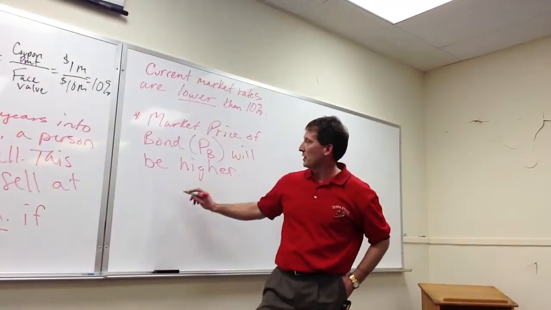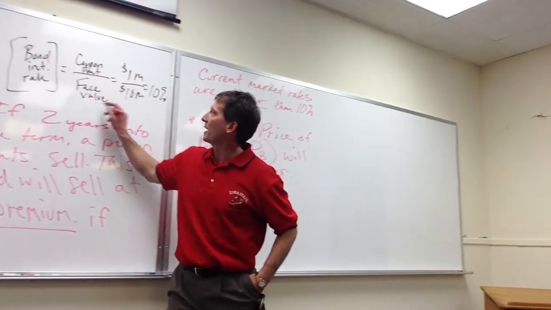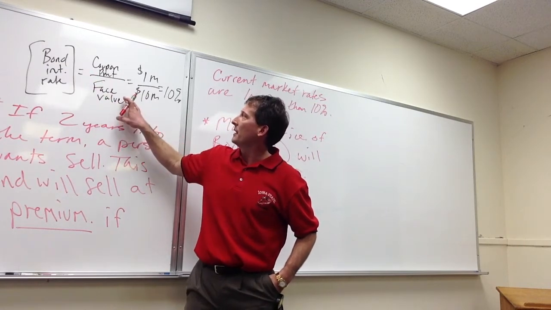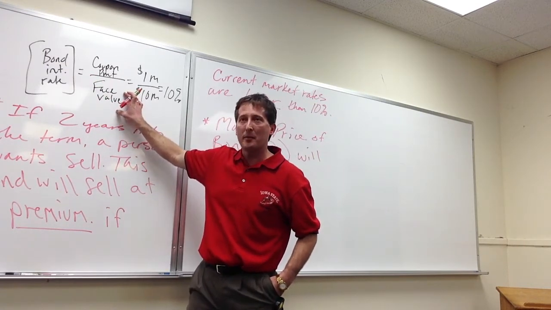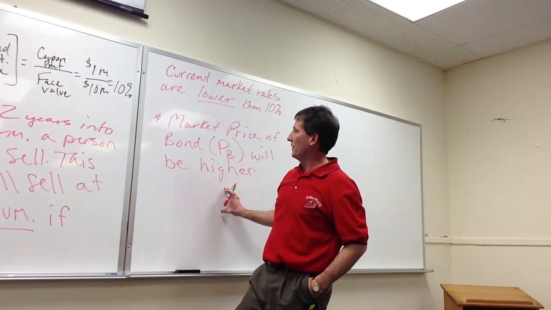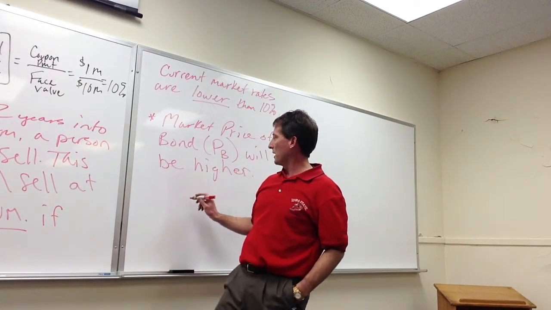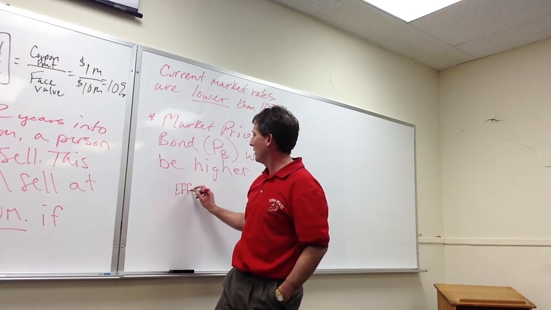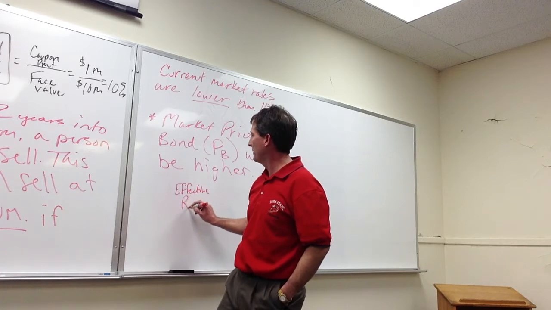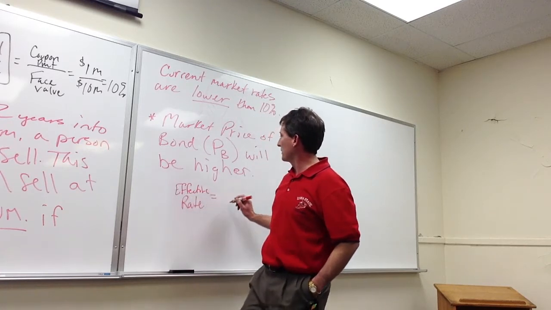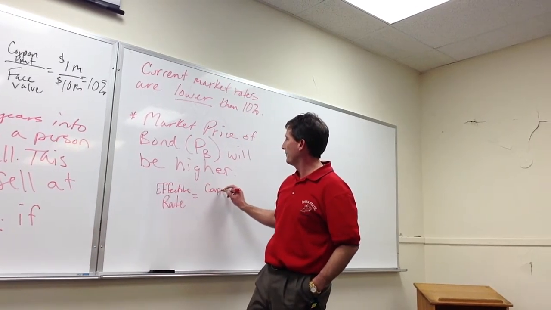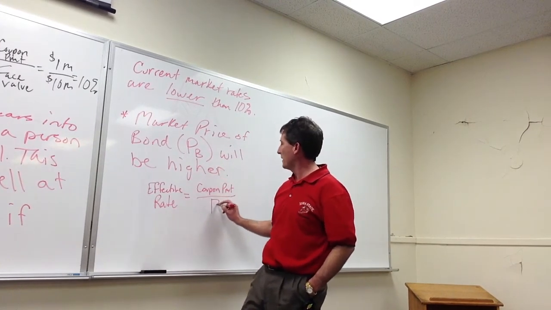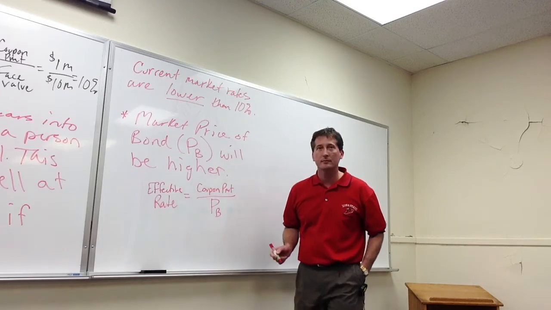And I just want to show you the connection back to what we did here to calculate the interest rate. The face value, or the value of the bond, is what we're going to be computing now. So if you think about it, the effective rate is equal to the coupon payment, which stays fixed, divided by the price of the bond.